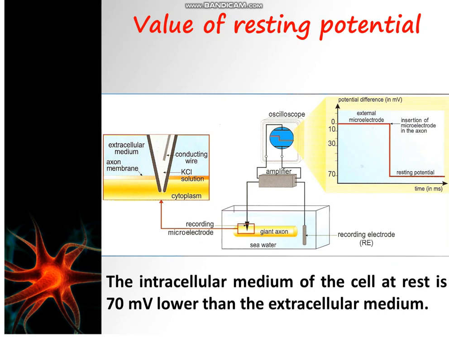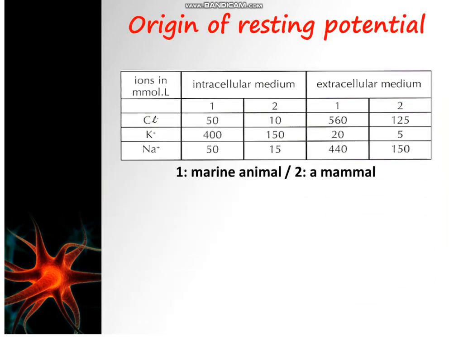To find the answer, let's examine this table that shows the concentrations of different ions in the intracellular and extracellular media of marine animals represented by 1 and mammals represented by 2.